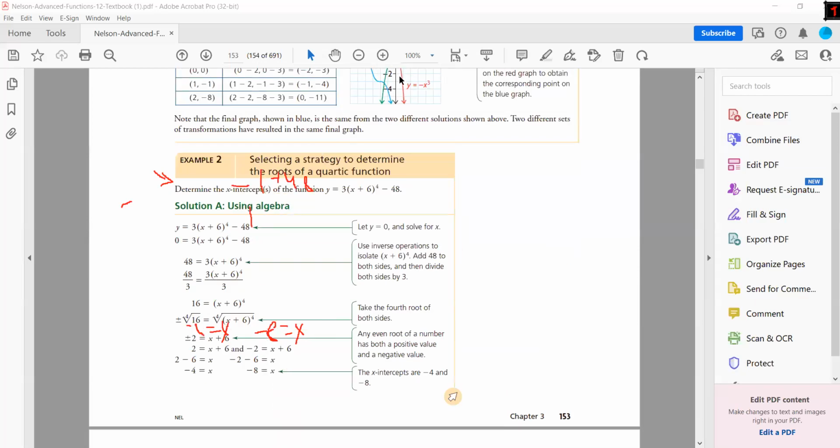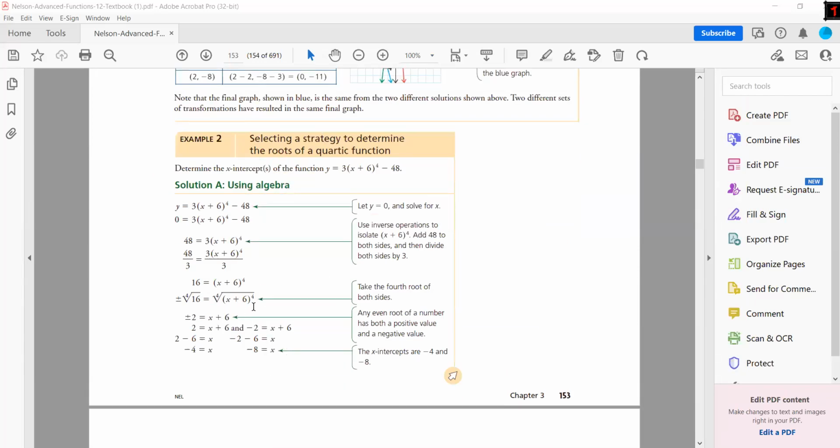Please, Lorraine, take a moment to note down this solution for determining roots of a quartic function. While determining roots for a cubic function, you're going to see that we have taken a root of the third power here. That would be the only difference. And when you're taking the root of the third degree, you have only one solution, as you couldn't have a negative value there.